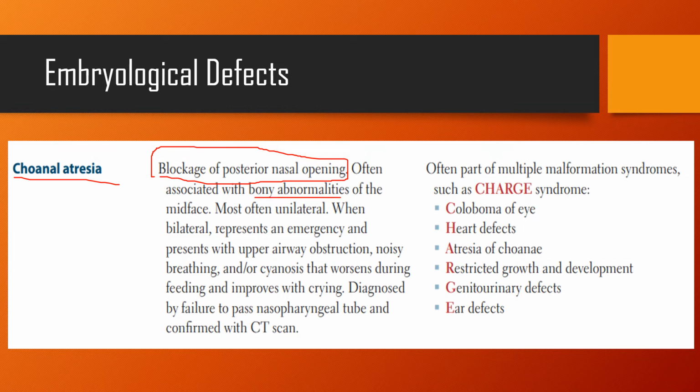It most likely presents as unilateral, which means the blockage of one posterior nasal opening. But when it's bilateral, meaning the blockage of both nasal openings, it represents an emergency and presents with upper airway obstruction, noisy breathing, and cyanosis, which worsens during feeding and improves with crying.